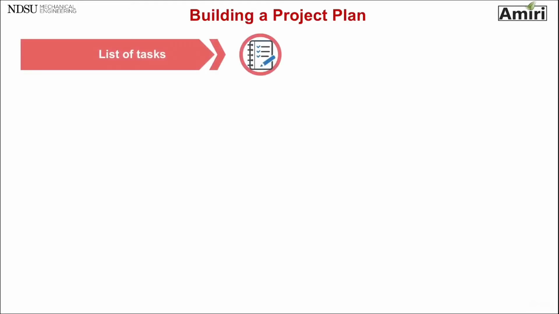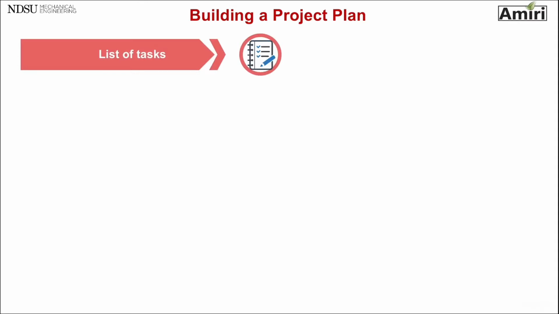So talking about project plan and the steps you can take to build your project plan. First of all is to identify tasks. So tasks, remember, are activities that take the current state of the project and take us to the final product. They need to be as specific as possible.